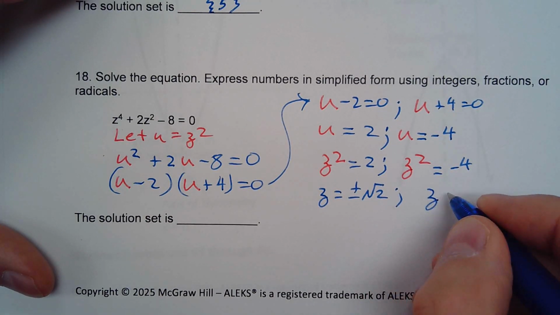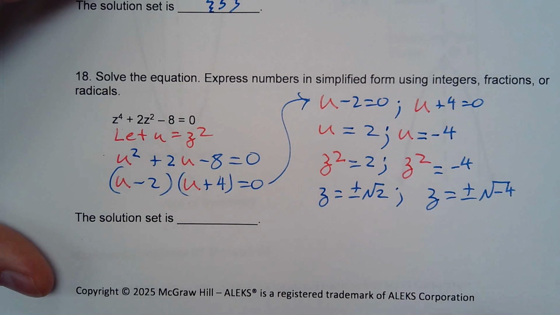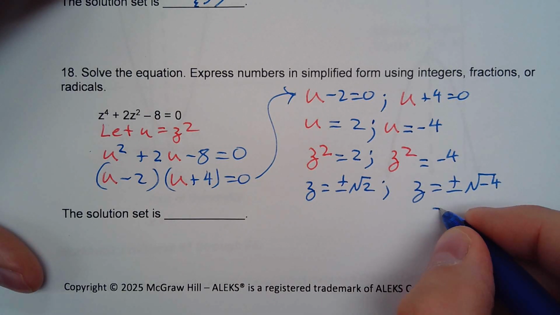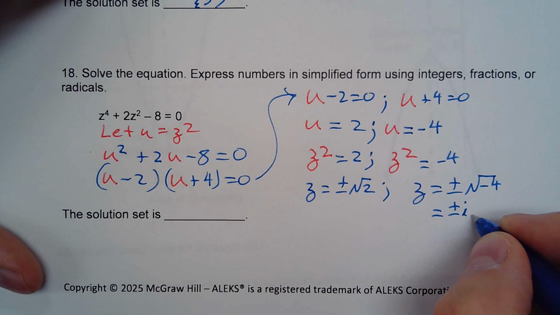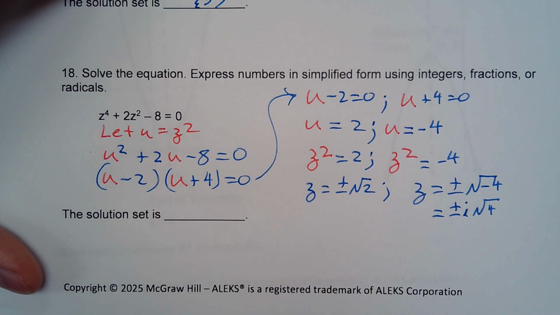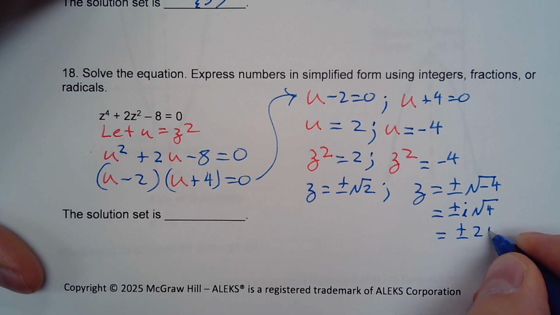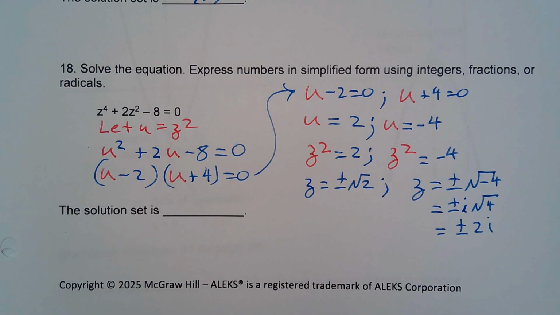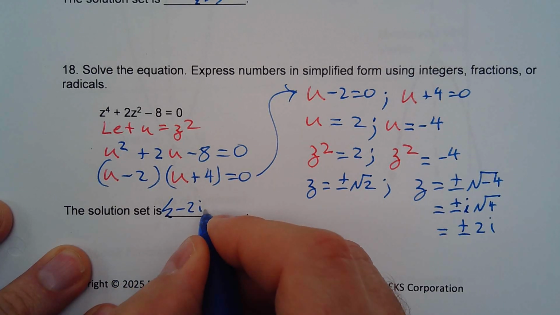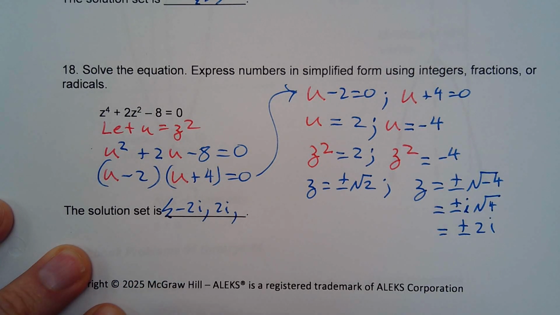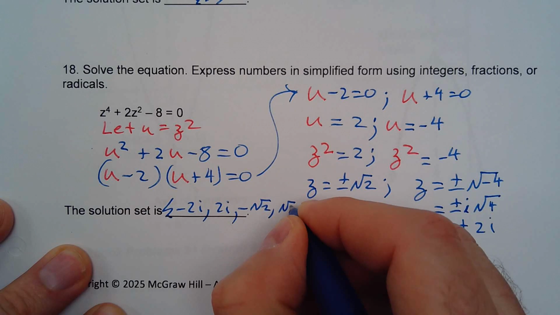For the second one, that's going to be plus or minus the square root of negative 4, which we write in terms of i. And then the square root of 4 would be 2, so that would become plus or minus 2i. So our solutions then would be negative 2i, 2i, negative square root of 2, and square root of 2.